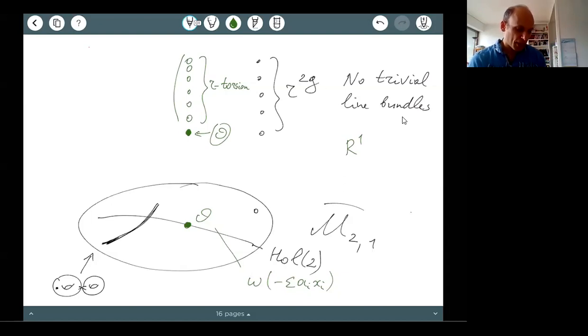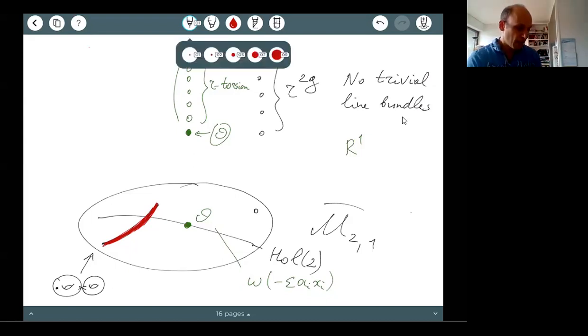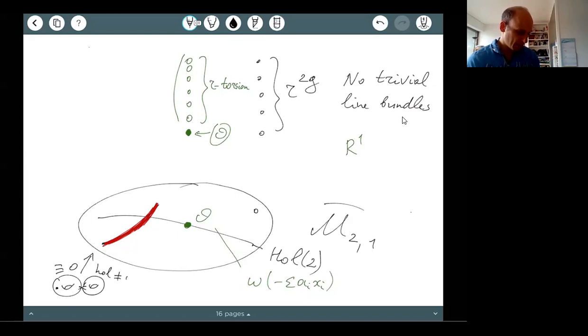And now the interesting thing happens on this locus, the red locus. This is the bad locus that I want to eliminate. Remember the reason it appeared in my computation of C1 of R1: omega has a non-trivial section here that is identically equal to 0 here and holomorphic non-zero here.